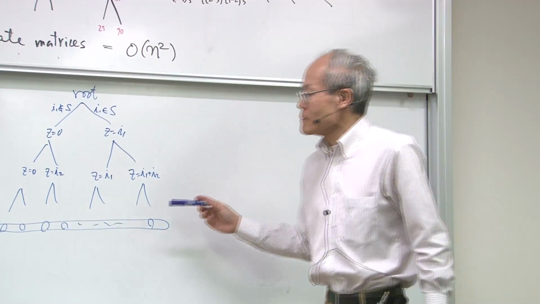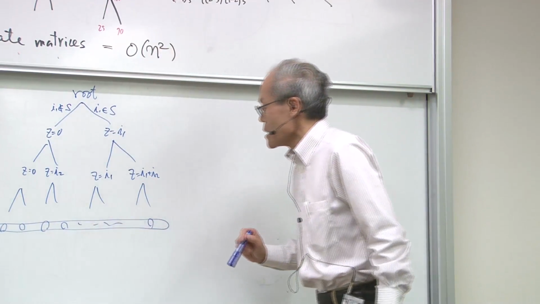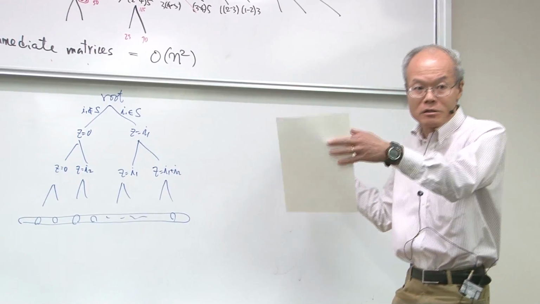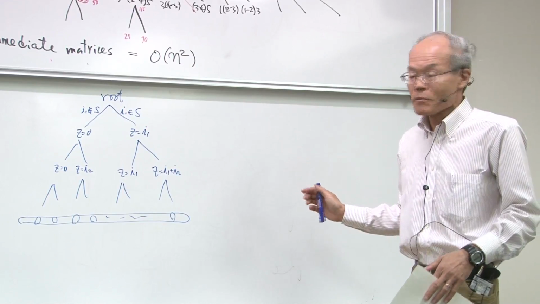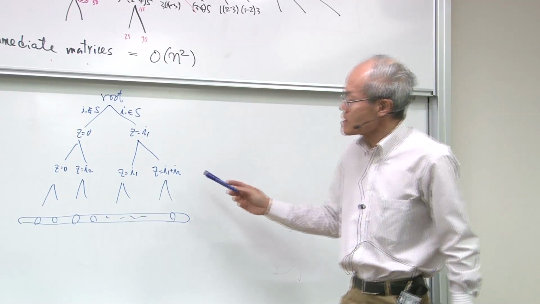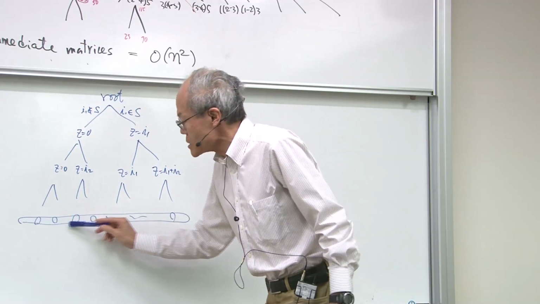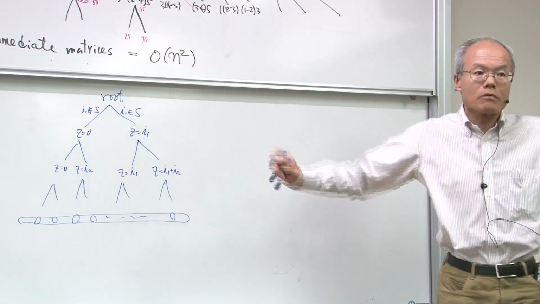That means we have many same nodes, so we can reduce the size of the search tree. But this time we don't have any restriction on the values of these numbers. These values may be all different.